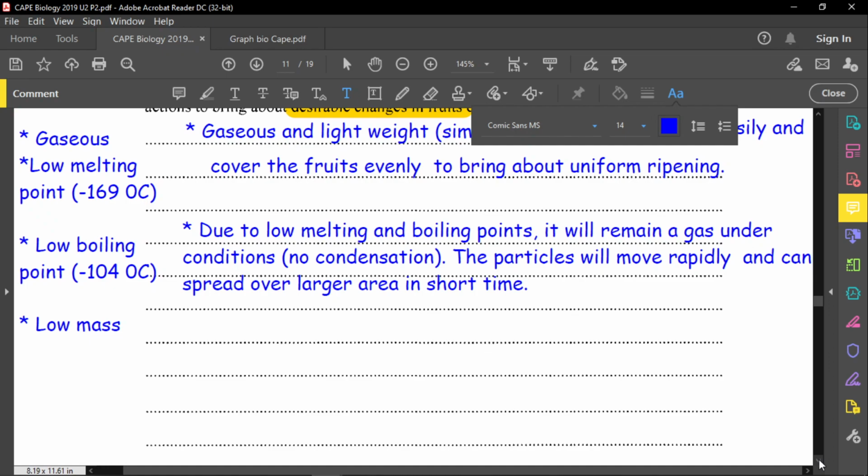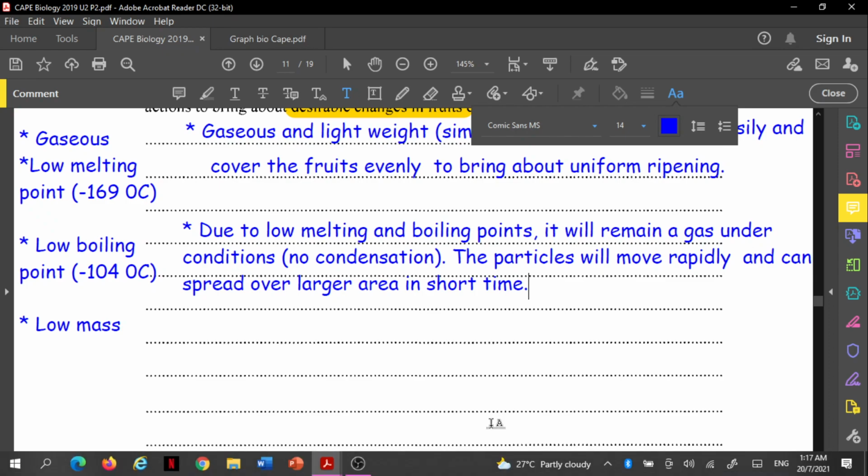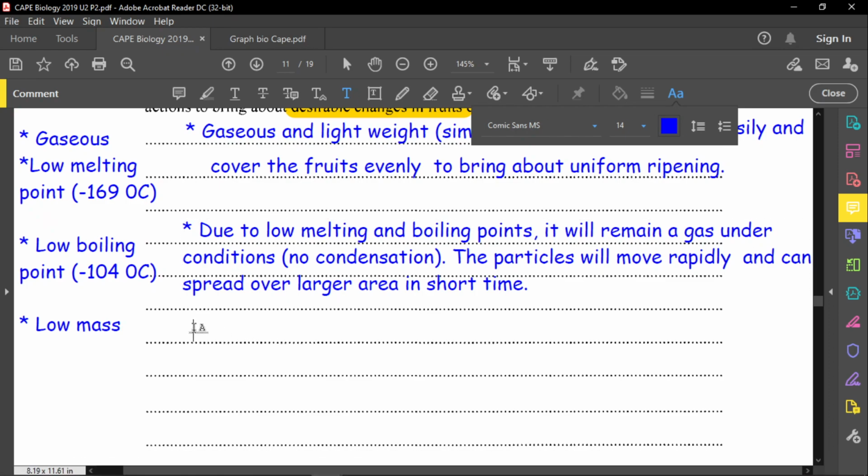The second part is talking about the large amount being ripened at the same time, okay? And so some desirable changes that we can actually make reference to in terms of the properties of ethylene as well. So I'm going to make a note of these. And these changes may include brighter colors.